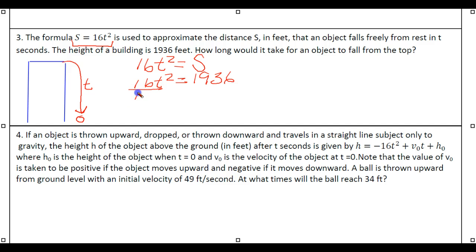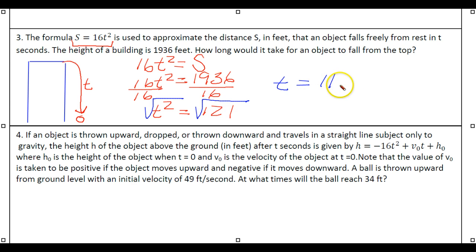We're going to divide both sides by 16. We get t squared equals 121. And from an earlier lesson, we know we can take the square root of this and get t. And the square root of this, we don't need a plus and minus here because we're going to have positive time. And we get 11 seconds.